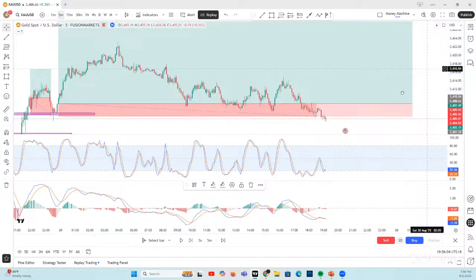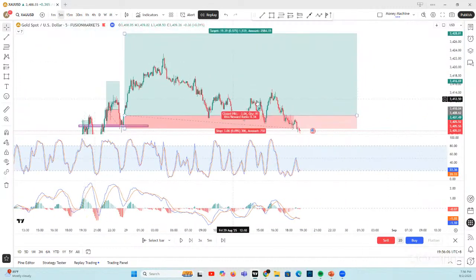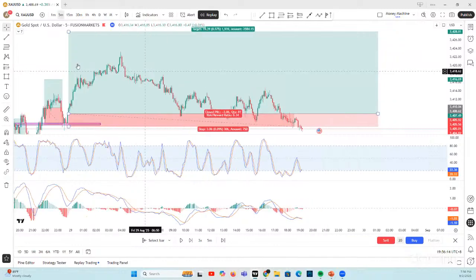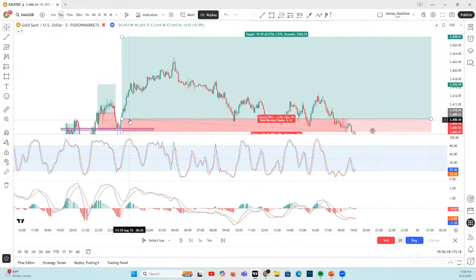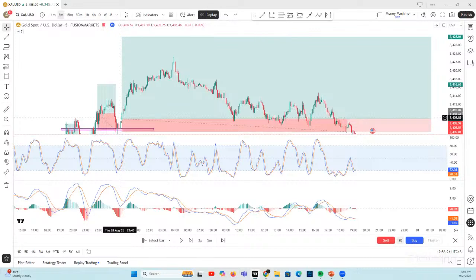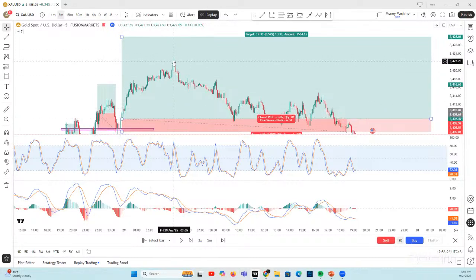So there's more trades to go, okay? Because sometimes it's like that. So what you can do in this kind of scenario, okay? From this point, what is this? 3407 or 3408 to 3422. You see, that's already like 120 pips.